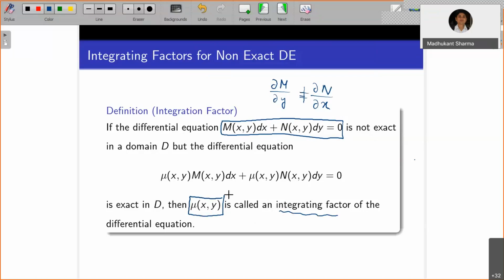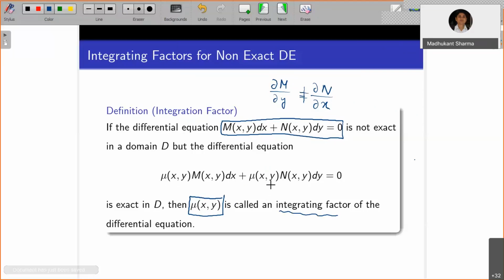We are in search of such a mu so that if you multiply the equation by mu on both sides, the resulting equation becomes an exact differential equation, and then we can apply the method for solving exact equations. We looked at 4 methods.